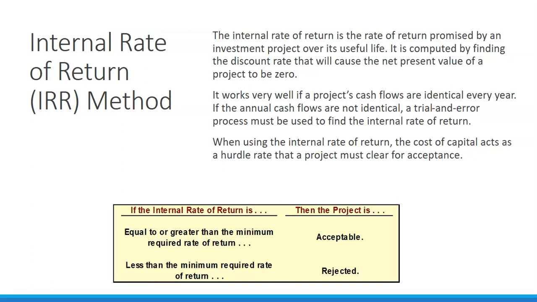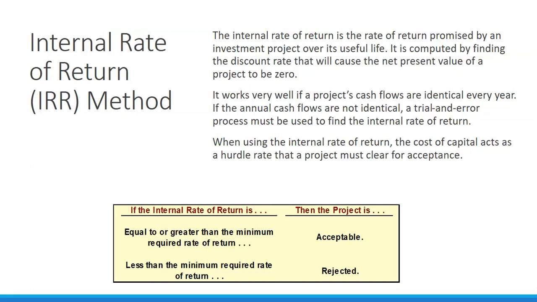This method works very well if a project's cash flows are identical every year. If the annual cash flows are not identical, or if we have some years where we have negative cash flows, then it becomes much more complicated to determine that internal rate of return through calculations. We would want to use an Excel formula in order to do that.